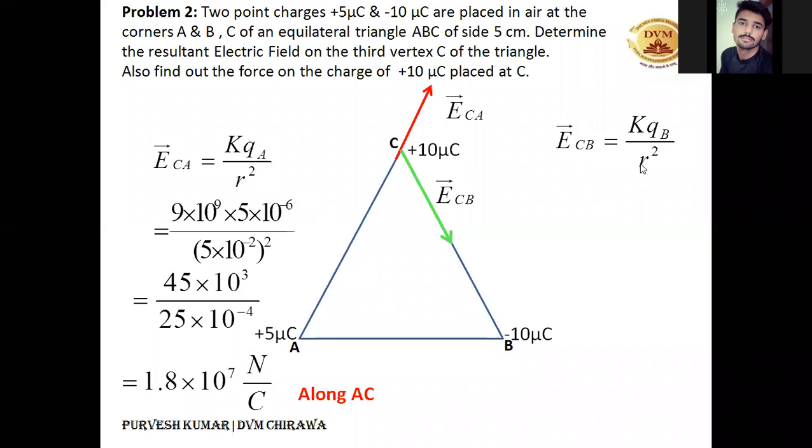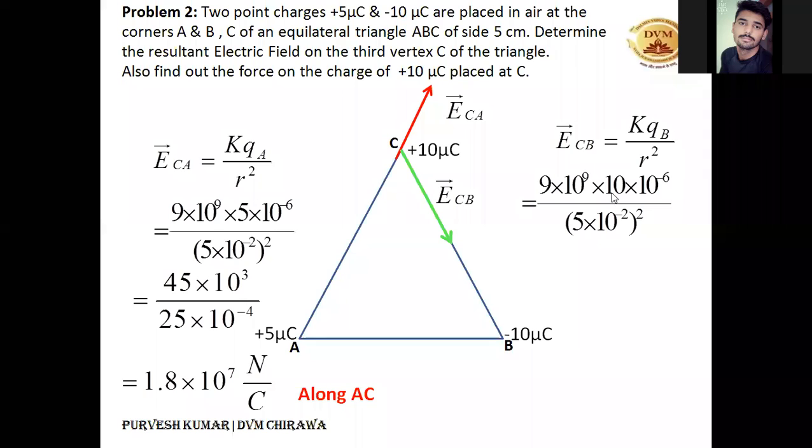Again finding ECB. ECB is KQB upon R square, because now this electric field is because of this minus 10 microcoulomb charge. So in place of K it is 9 into 10 to the power 9. In place of QB it is minus 10 microcoulomb, divided by R square. R is your CB, that is 5 centimeter. In place of QB, I'm writing 10 into 10 to the power minus 6, because this is 10 microcoulomb.